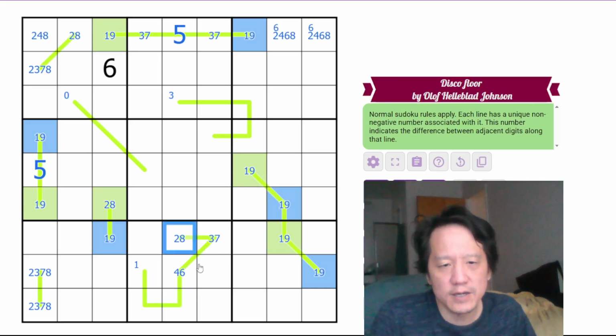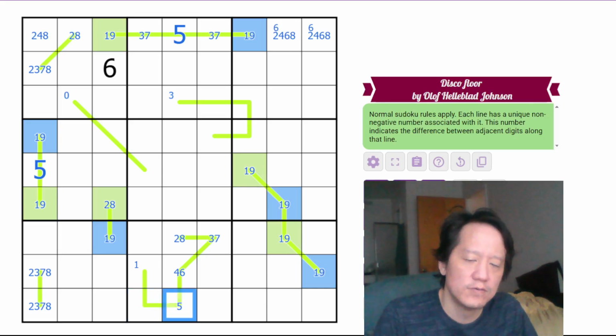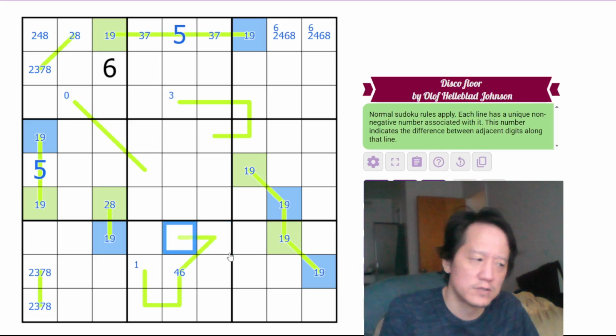So then this can't be... So 2, 3, 4, 5, but it can't be 5. So 2 doesn't work here. 8 doesn't work here. So this cannot be 2 or 8.